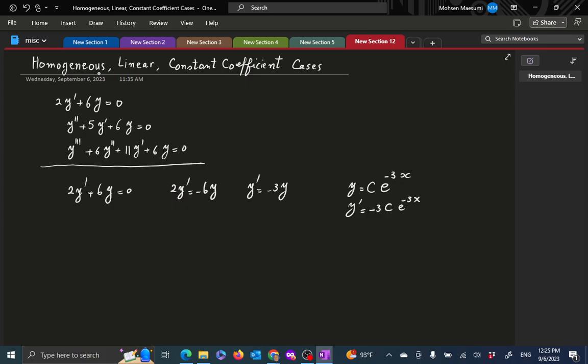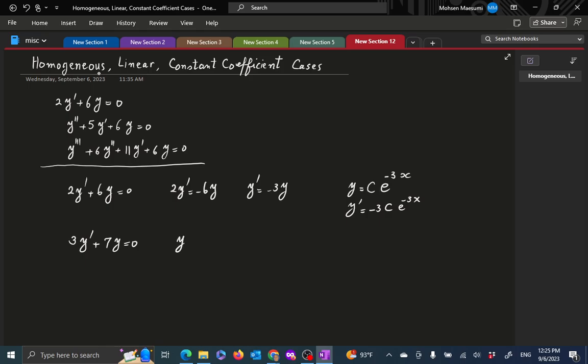Let's demonstrate that in the context of an example. Suppose I have 3y prime plus, say, 7y equal to 0. Of course, I could have solved it exactly the same way as before, but let's apply the idea of searching for solutions of a particular type.